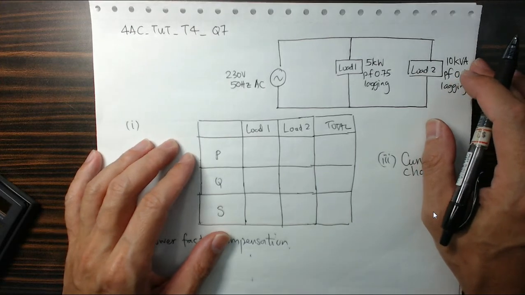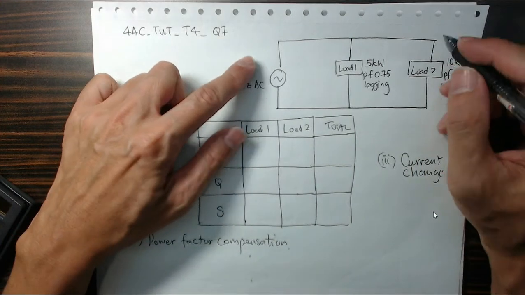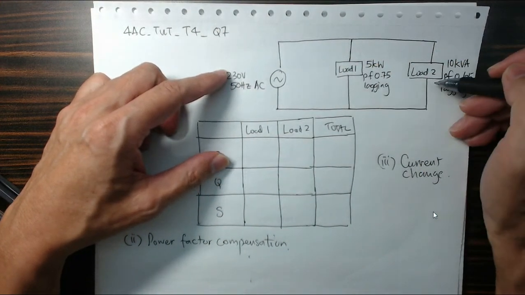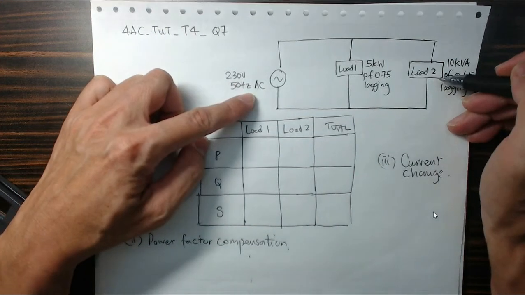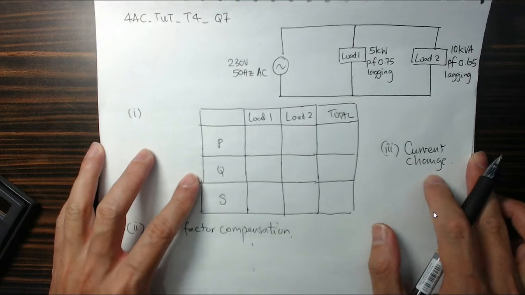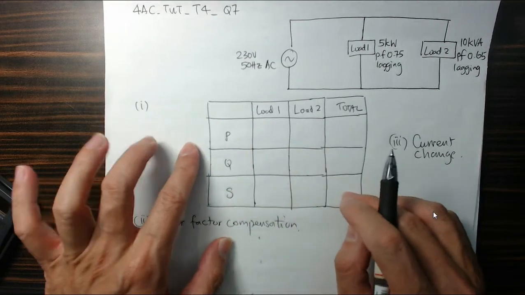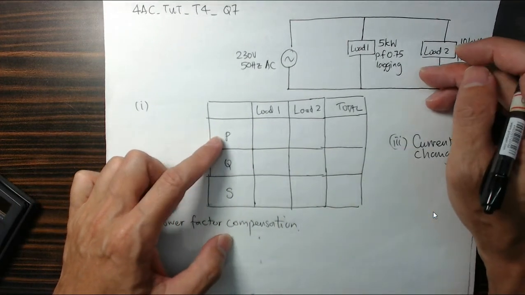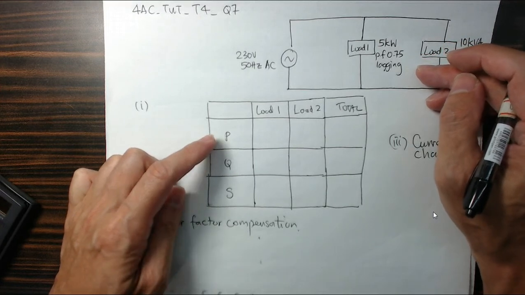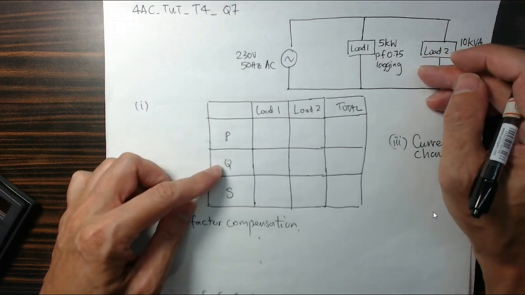To answer this question, I have drawn a diagram showing load 1, load 2, and the AC supply. Then I would develop a table like this so that I can directly compute the real power and the reactive power of each load.